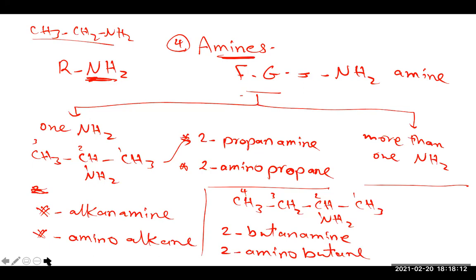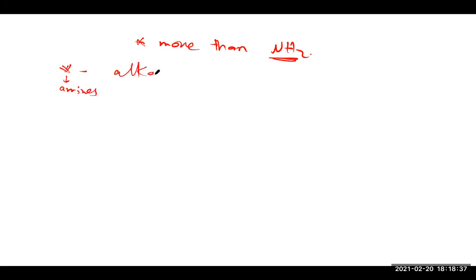If you have more than one NH2, so we have 2 or 3 or 4 NH2, how to name the compound? Again, we will write the numbers of the amines, and then we will write the alkane, and here we will write di, tri, tetra, amine.